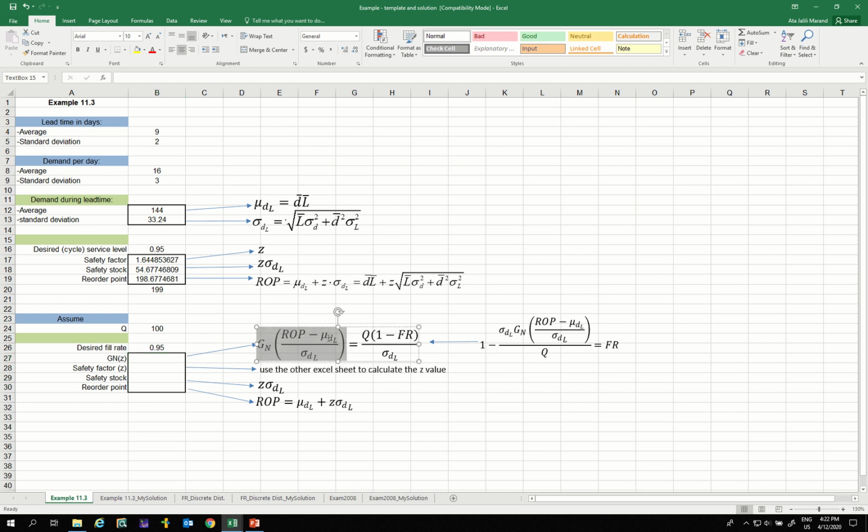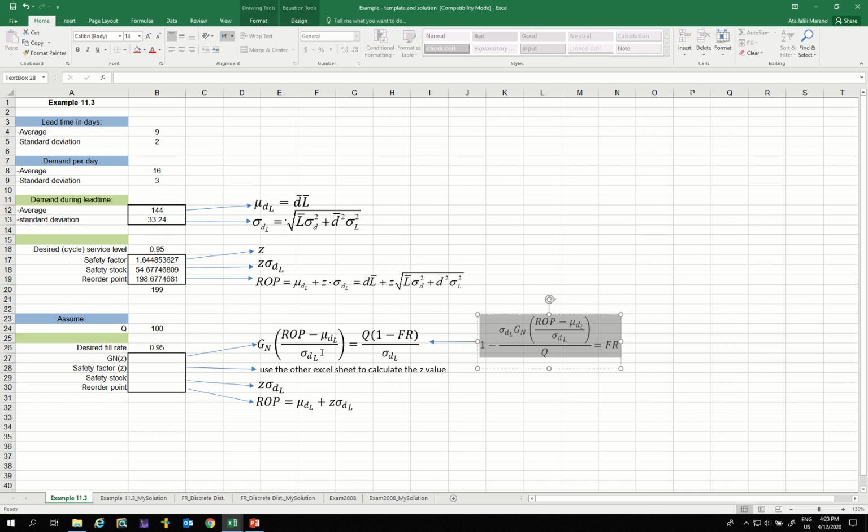So Gn is equal to Q multiplied by 1 minus Fr divided by sigma dl. It is not anything new, it is just the same equation that we saw in our slides. Just here we have solved this equation for Gn because we have sigma dl, we have Q, we have Fr, so we can solve this equation for Gn, which will give us this new equation.